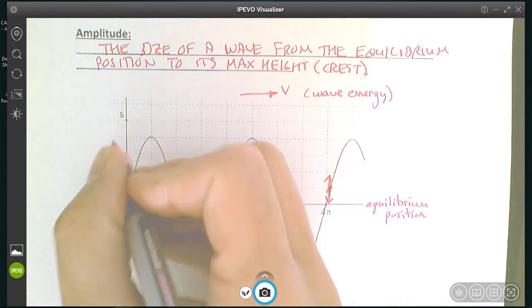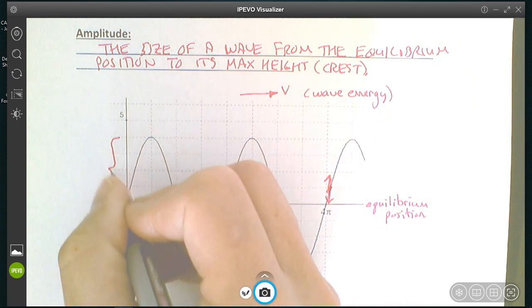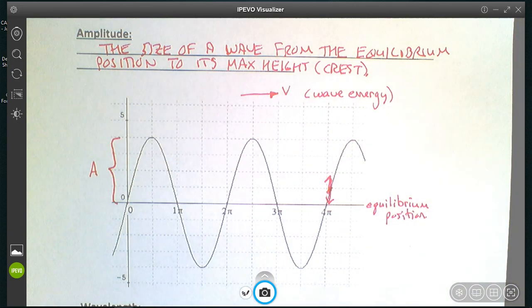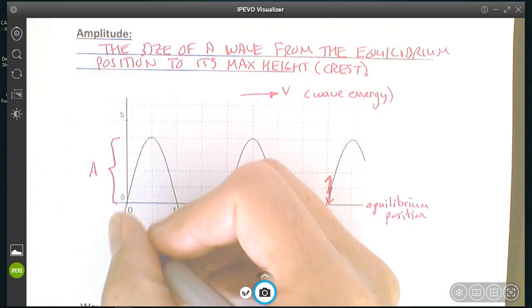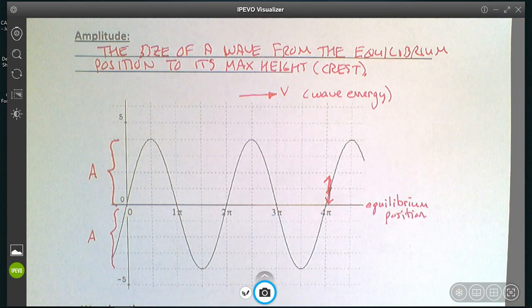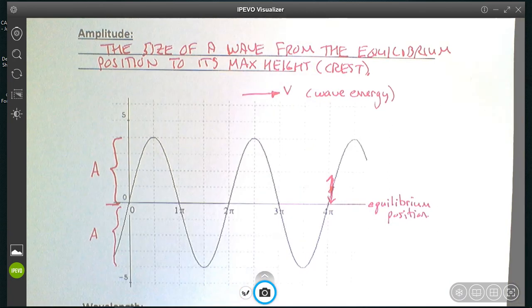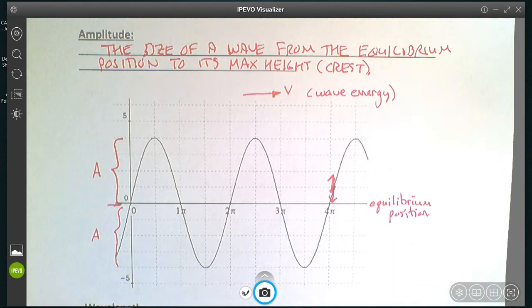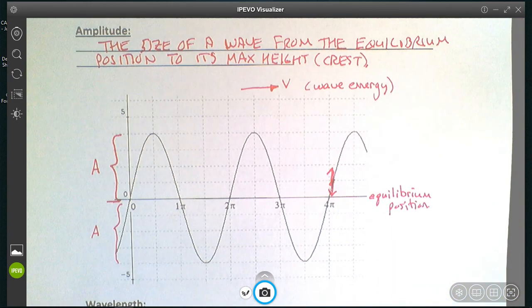Okay? So the amplitude is from the equilibrium position to the crest. Conversely, it is also to the bottom trough, as long as you're measuring from the equilibrium position. So from the top of a crest to the bottom of a trough is twice the amplitude. It's pretty straightforward, I think.